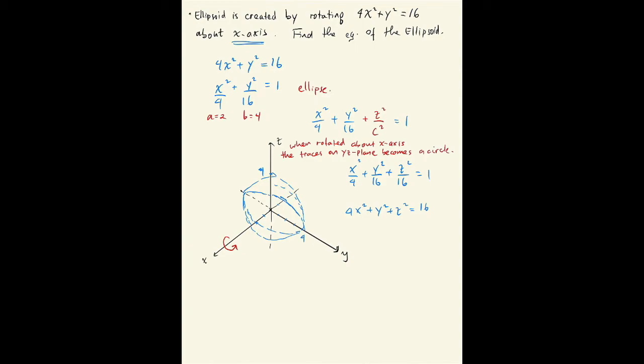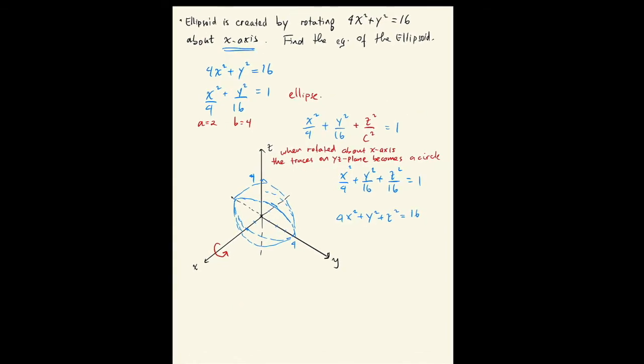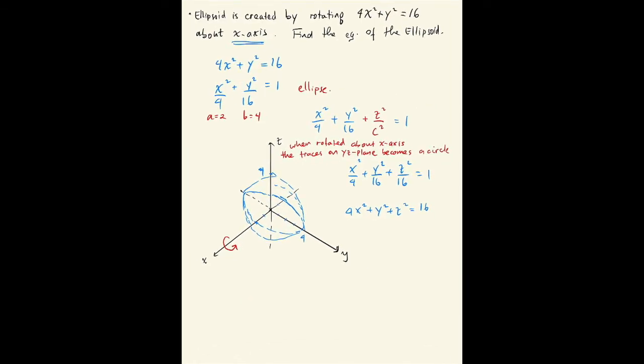This x, I put the rotator, so it follows this, right? Like this point, moving around. This is 4 and this is the x.